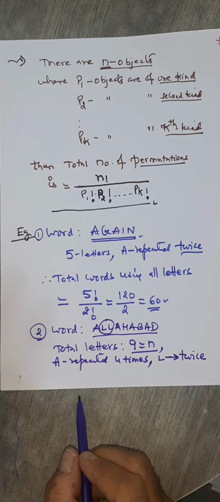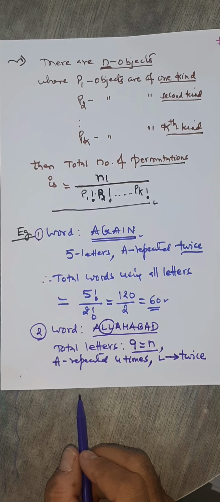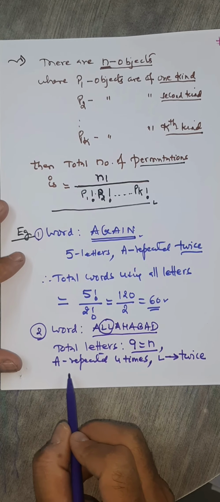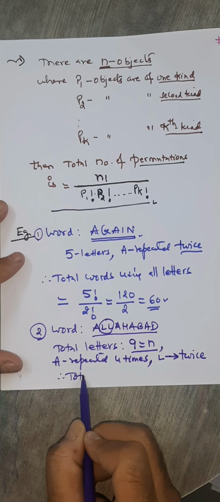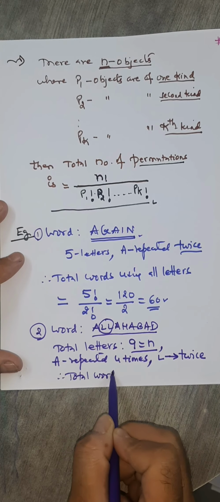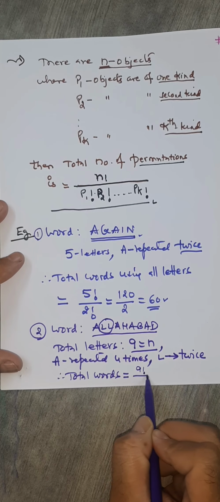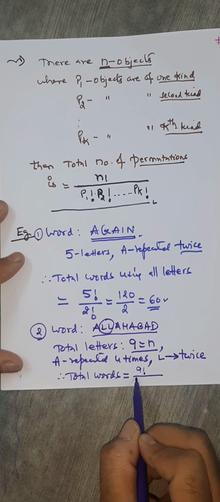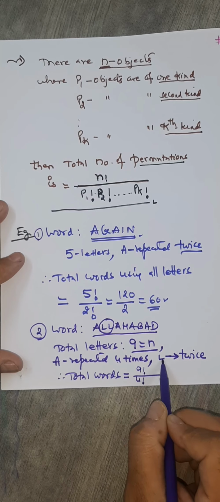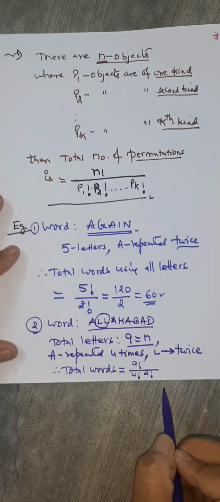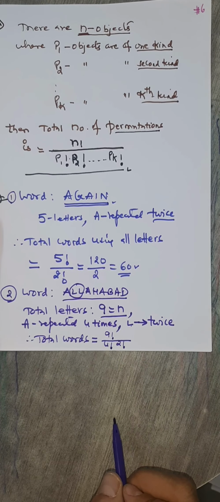So how many words will be formed here if you use all the letters of the word Allahabad? You will get total words equal to 9 factorial upon A repeated 4 times, so 4 factorial, L repeated 2 times, so 2 factorial. You simplify. This is your answer.